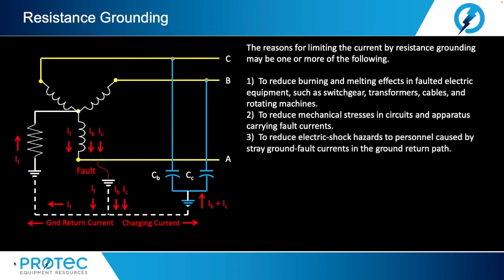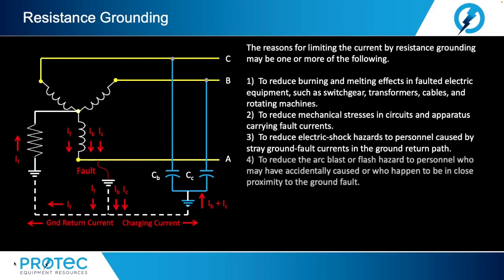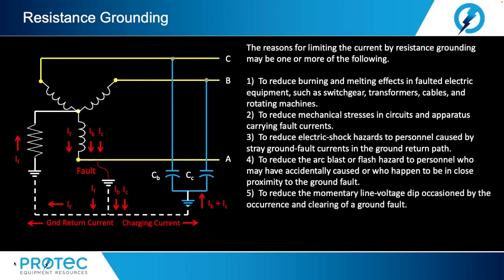3. To reduce electrical shock hazards to personnel caused by stray ground fault currents in the ground return path. 4. To reduce the arc blast or flash hazard to personnel who may have accidentally caused or who happen to be in close proximity to the ground fault. 5.